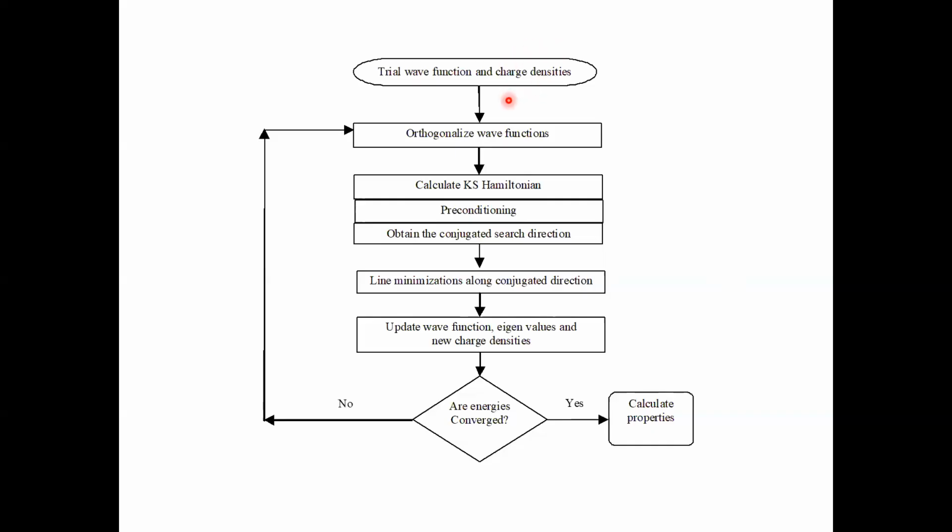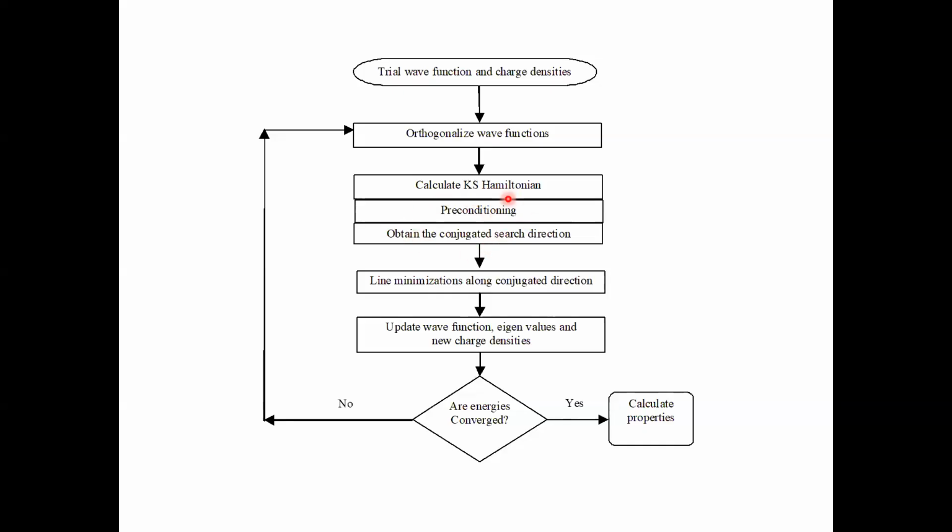Once I build up the charge densities, each wave function, each orbital, is obtained from an eigenvalue problem. The eigenfunctions are all orthogonal to each other, so I use a Gram-Schmidt orthogonalization procedure to orthogonalize the wave functions, and then once I have that trial wave function, I know everything needed to calculate the Kohn-Sham Hamiltonian.